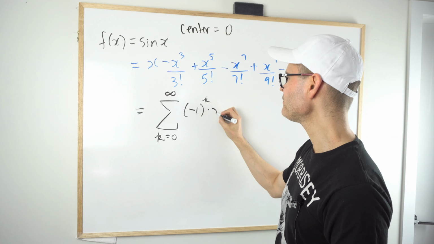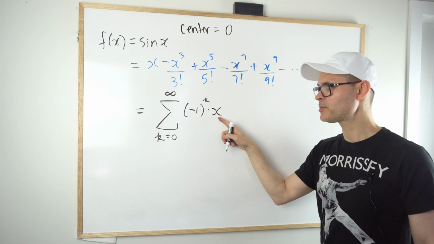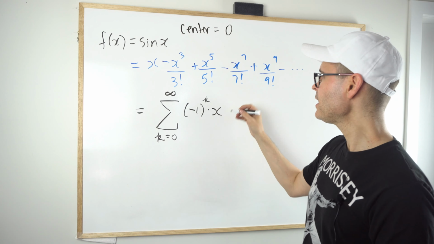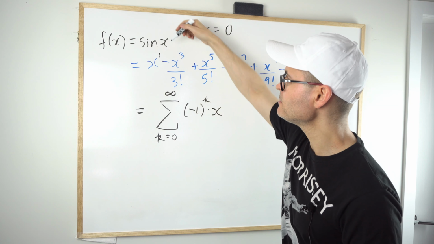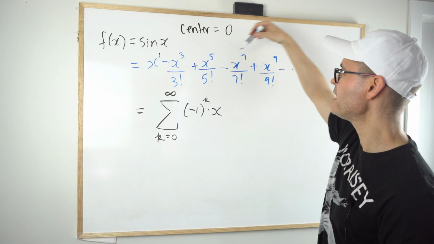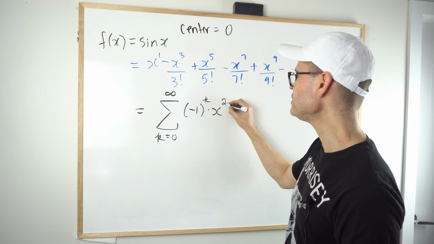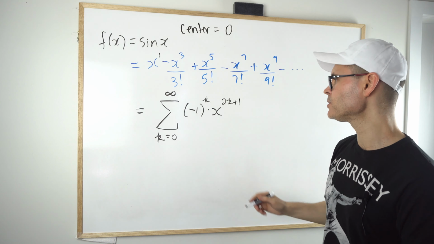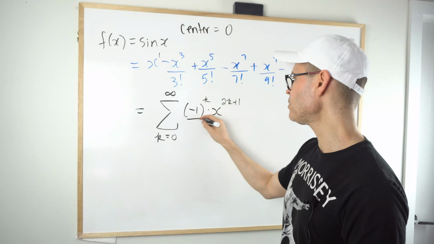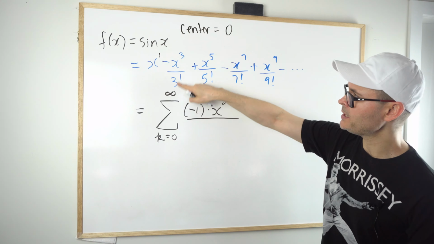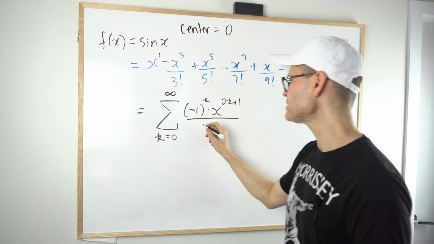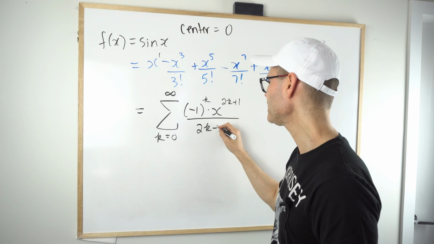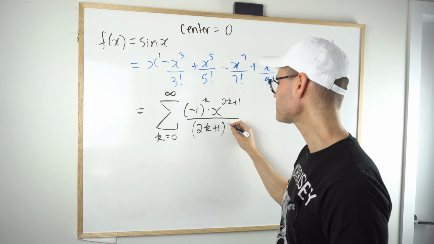I also have an exponent on the particular polynomial power, and that is my odd terms, or odd numbers, 1, 3, 5, 7, 9, and so on. So I could use 2k plus 1, which is going to generate those odd numbers. And also I have a number in the denominator that matches the exponent. So that's going to be 2k plus 1 factorial.